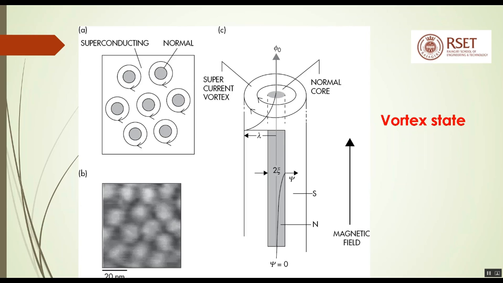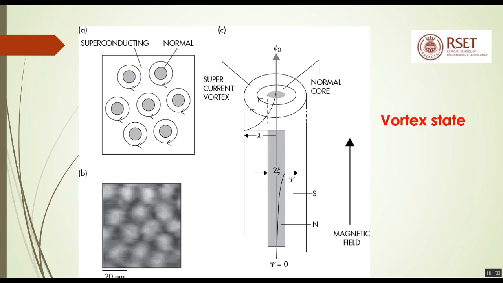This is sometimes called the vortex state because vortices of superconducting currents surround filaments or cores of normal material. So this is the normal core and a supercurrent flows surrounding that region.